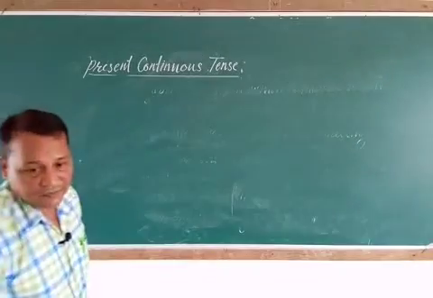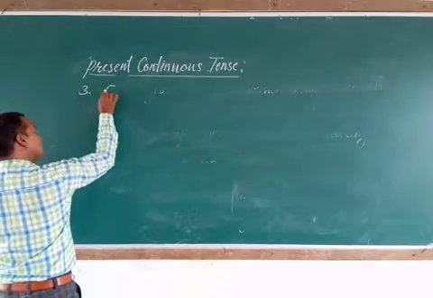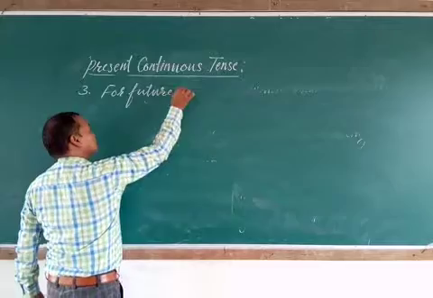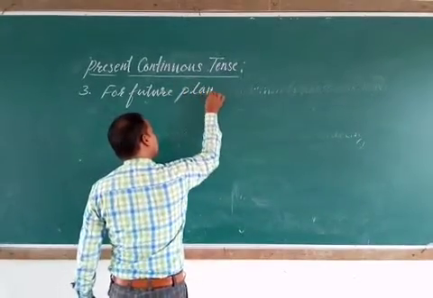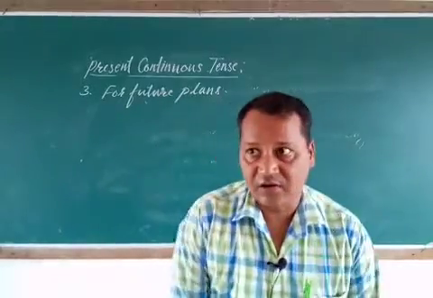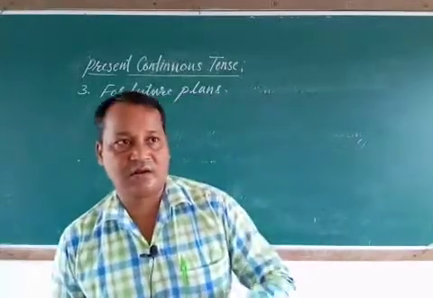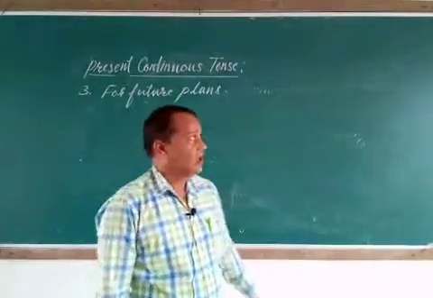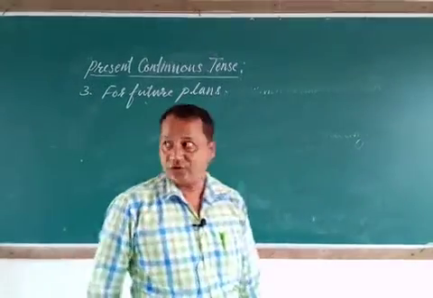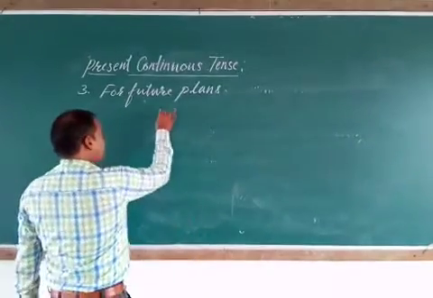So we can say the third use of this tense is for future plans. If we talk about future plans, we can express our ideas in that tense, that is called present continuous tense.